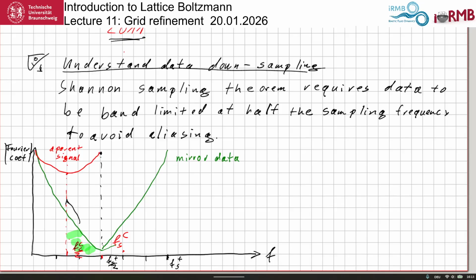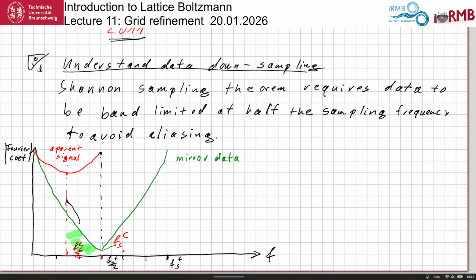In the same way, the low frequency space will be copied into the high frequency space. If later you want to recover your signal, you will just ignore everything in the high frequency space, because you say this is just the mirror of the low frequency space. But the problem is, if you have something existing in your high frequency space, this will also have a reflection in the low frequency space.